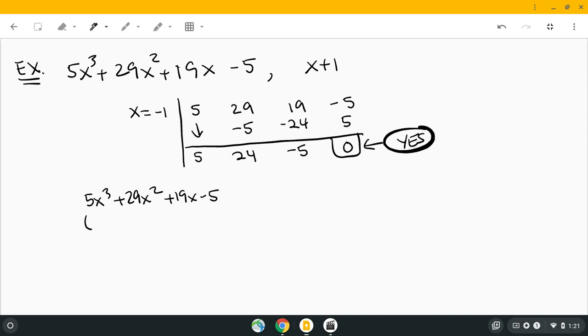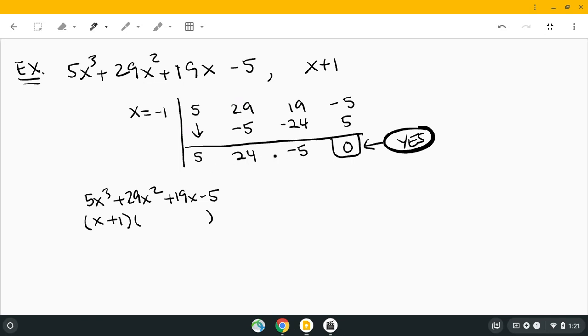I know x plus 1 is a factor because we got 0 as a remainder. And then the other factor is actually going to be the answer.